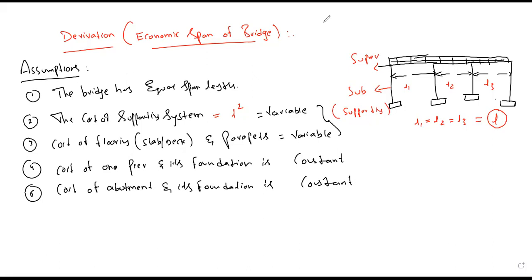So now let's do the derivation. Keep the heading: calculation for effective economic span. Please try to focus on the derivation.